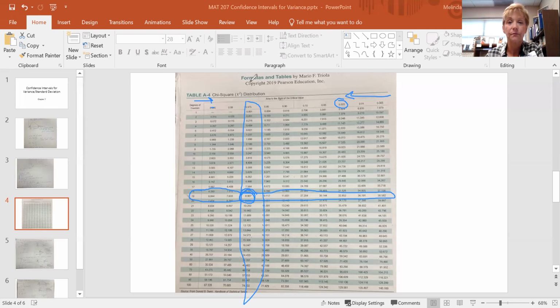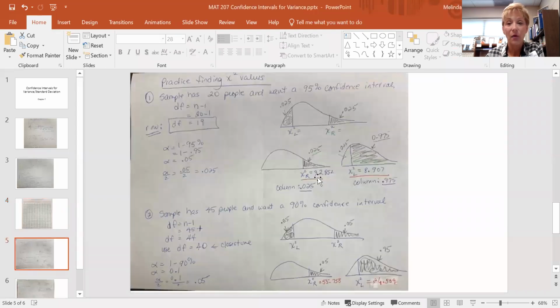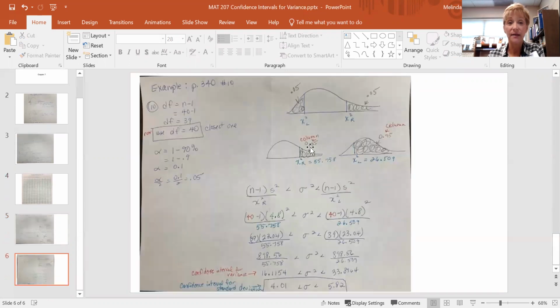Okay. So let me go back. That is why right here, I have 8.907. And then the left one, of course, goes on the left, and the right one, of course, goes on the right. Now, I'm going to let you try it.